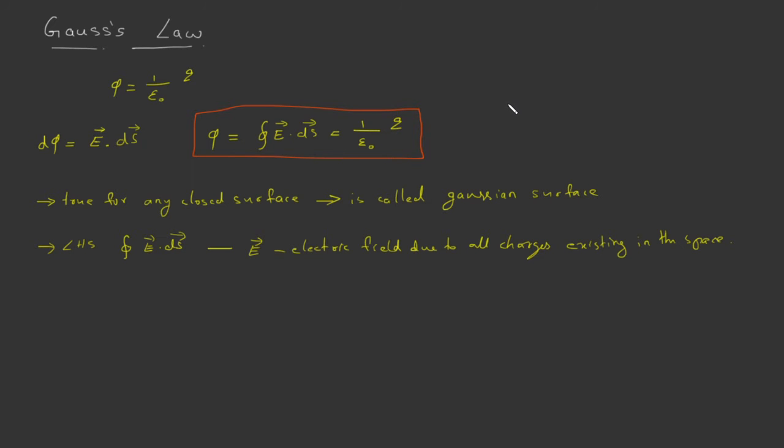considered here. But the second part, that is RHS part of this equation, that is 1 by epsilon 0 times the Q. In that, Q is the charge enclosed inside the closed surface.